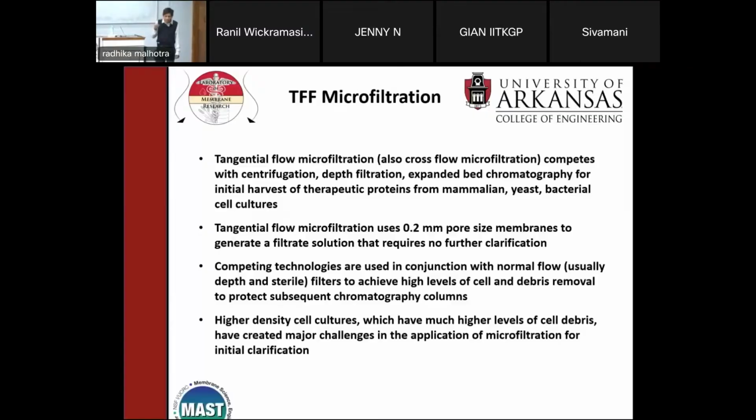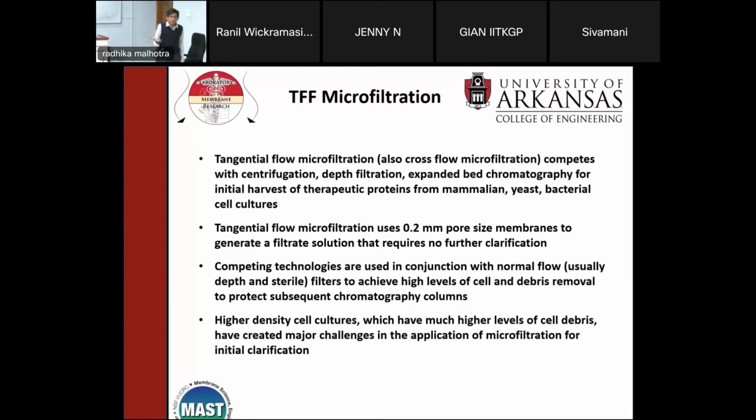If you use something bigger than that, the problem is there's a risk that cell debris or the small particles may get through. And I told you one of the advantages of microfiltration is that that doesn't happen. You don't need to use anything else. You just take what comes there, and you run it straight into the next chromatography column. So, I mentioned that today tangential flow microfiltration for a while was not very popular because higher cell titers led to greater fouling, which meant this is plugging all the time and not working.